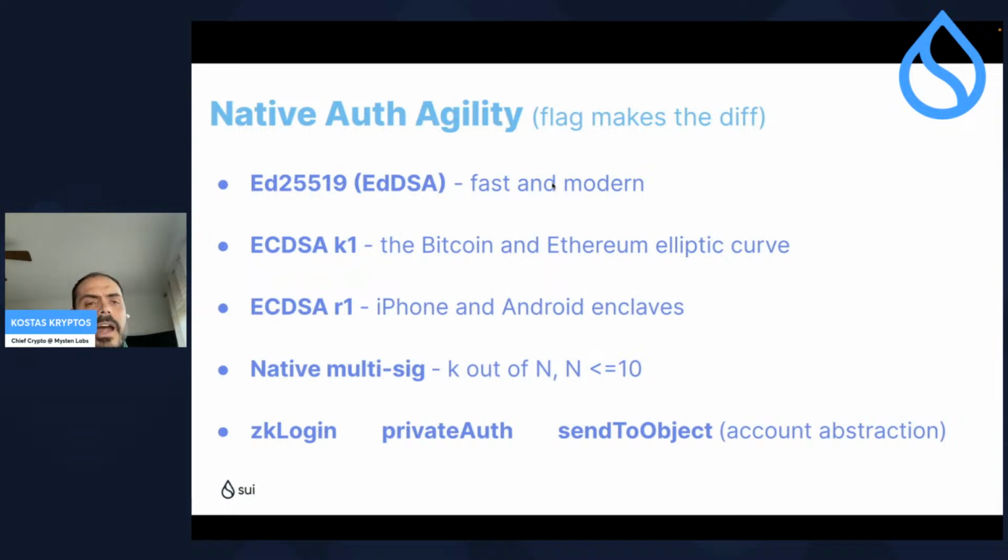But even in the very last years, some people felt like they are locked to the providers of the threshold crypto, and the native multi-sig enabled them to do multi-key custody of their keys without having a dependency on a particular company. And then, very recently, you have heard the news that we are going to provide zkLogin, private authentication, and also send to object.